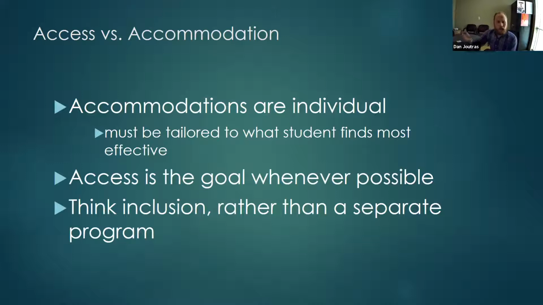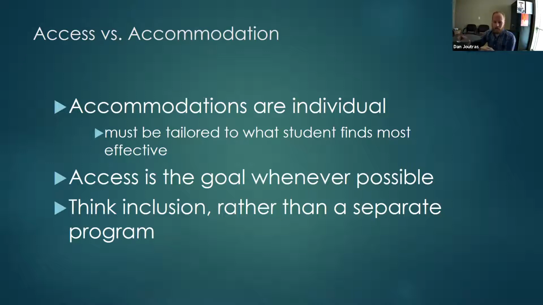And so then we can take into consideration the difference between access versus accommodation. Again, we can think of access as that front loader, proactive system that you can use, versus an accommodation being on an individual basis when you're evaluating individual students.